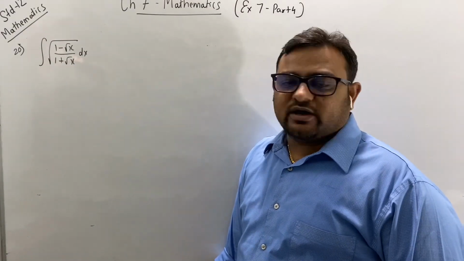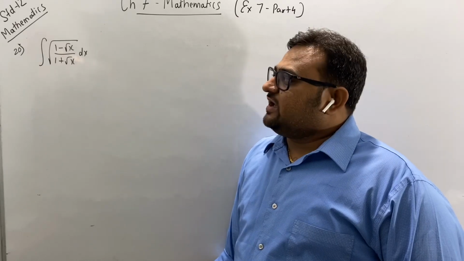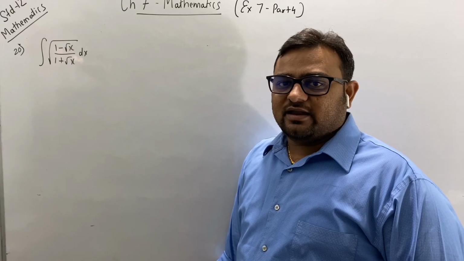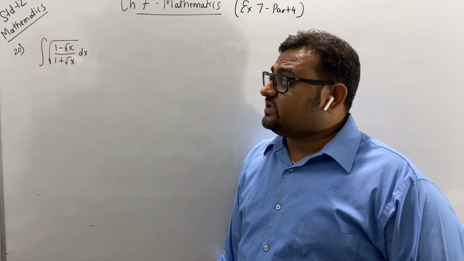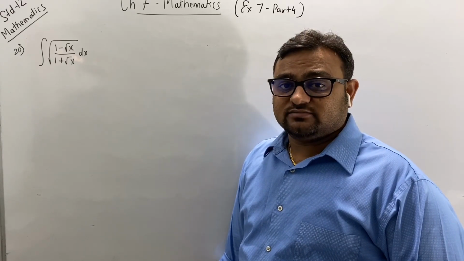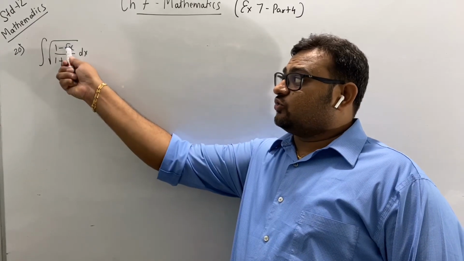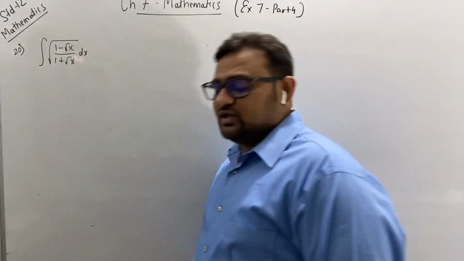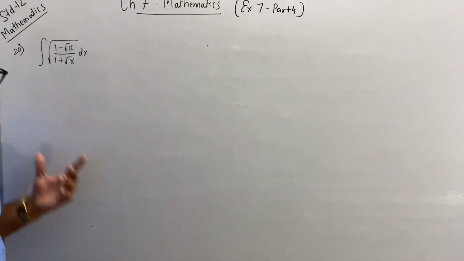Okay, so now see 1 minus root x, 1 plus root x. What we can do here, we can assume x as cos square theta, right? See 1 minus cos square theta upon 1 plus cos square theta. Sorry, root. So 1 minus cos theta upon 1 plus cos theta. So let's start. This is also an important sum.